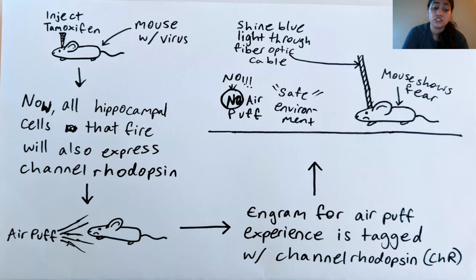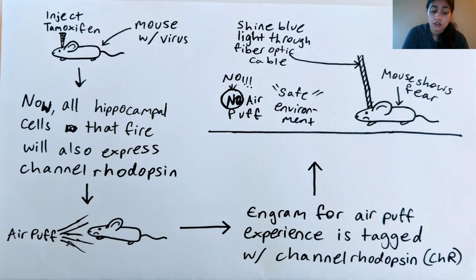And so what will this do? Well, all of the cells that had been active and expressing the immediate early gene CFOS for the duration of the air puff experience were also expressing the proteins coded from that genetically engineered sequence.